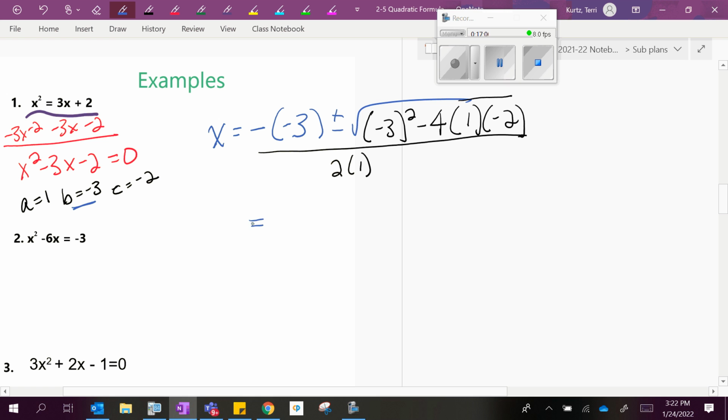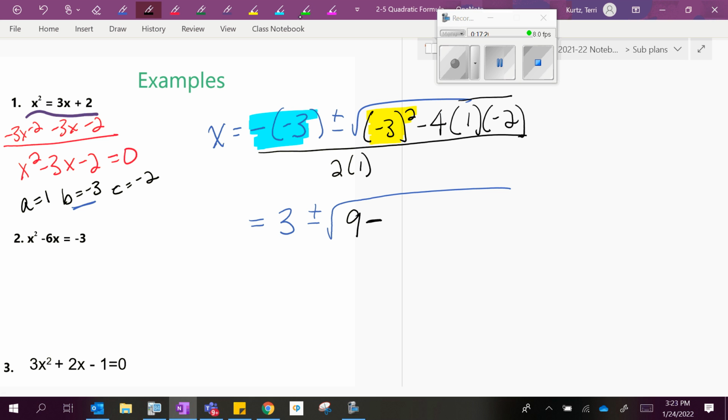Now I simplify. So first I'm going to say -3 gives me a +3, bring down my plus or minus. -3 squared is going to give me +9. Again, when you simplify that part, it should always be positive. And then I'm going to bring down my minus sign.